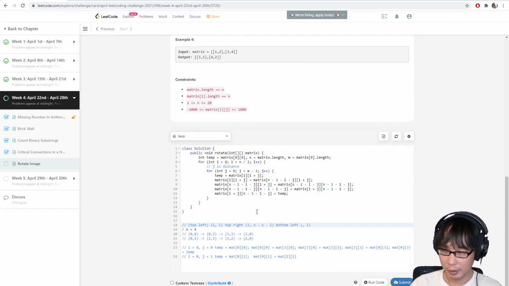But the row will be m minus 1 minus I. And bottom right is m minus 1 minus I, m minus 1 minus I. Is that right? So I start from I.